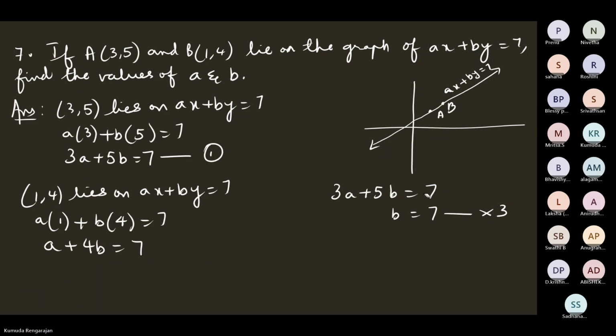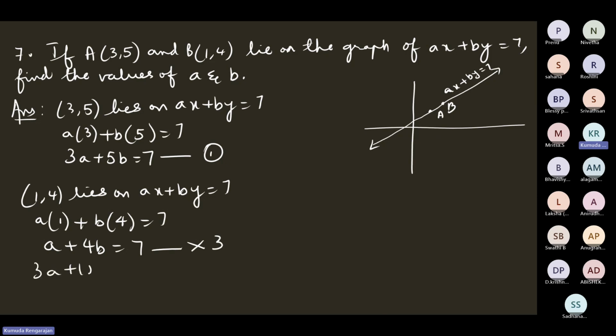See here. When you get the two equations, you can just look at them. 3a, but this is a only. So you can multiply this equation by 3. So you'll get 3a plus 12b is equal to 21. Call this the second equation. When you look at the two equations, the coefficients of a and b are different. So you want to make the coefficient of a or b the same.